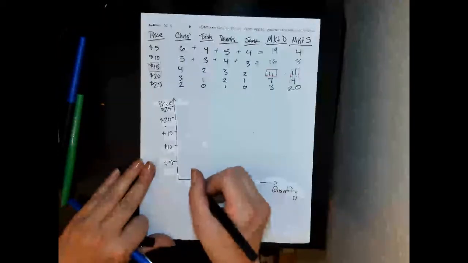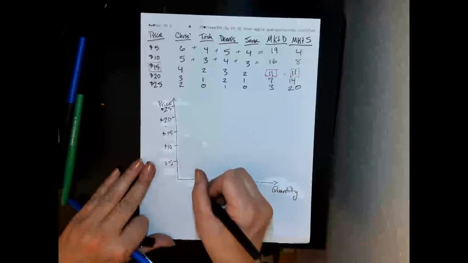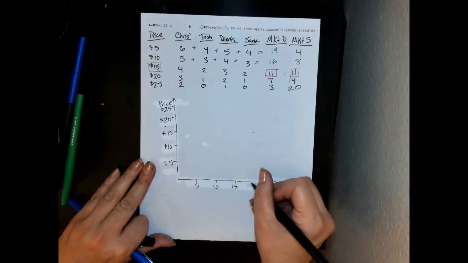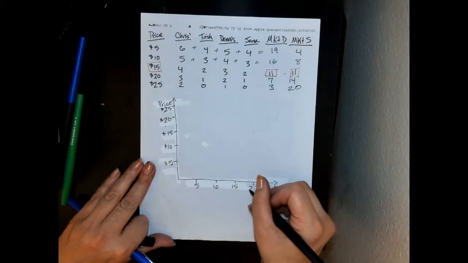And then I'm going to have about the same scale down here where I go from 3 to 20 in supply. So I'm going to say this is 5, 10, 15, and 20. I'm going to do 25 just in case.